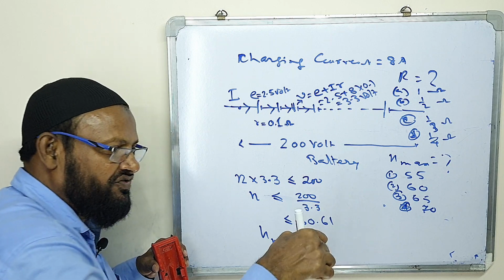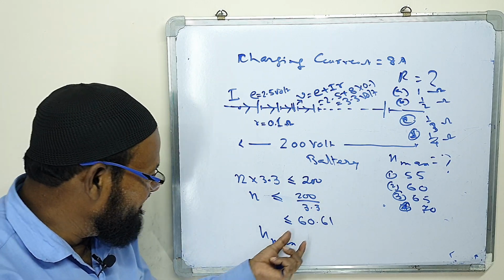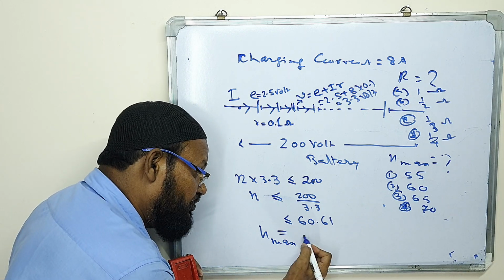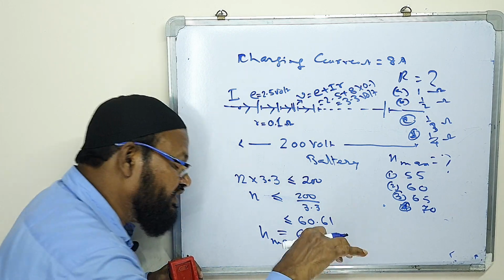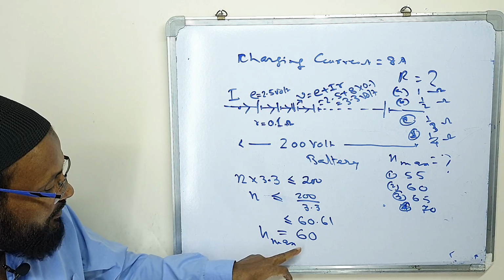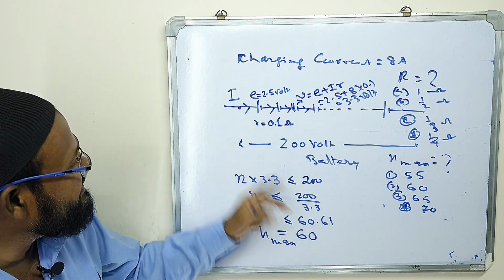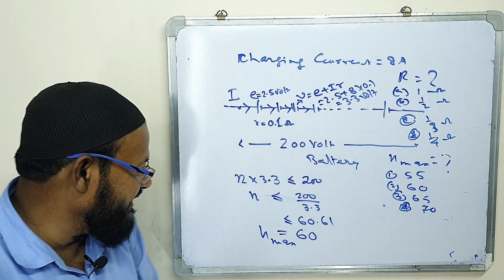But in case of physics, practical science, it is not taken as 61, it is 60. What is the meaning of that? We can charge a maximum of 60 cells by this charging battery.